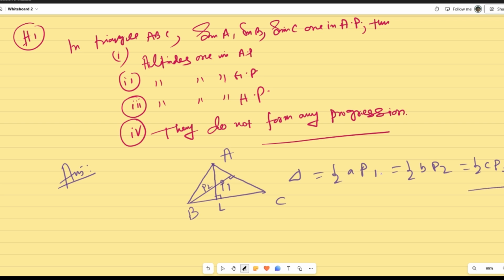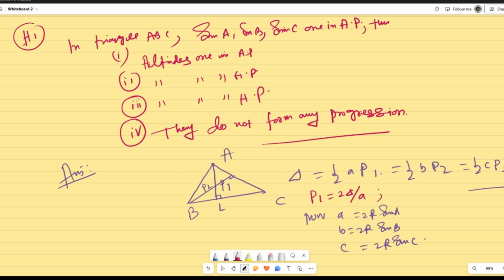Now A is proportional to sin A, B is proportional to sin B, C is proportional to sin C. Isn't it? And what's the length of this P1, P2, P3 here?